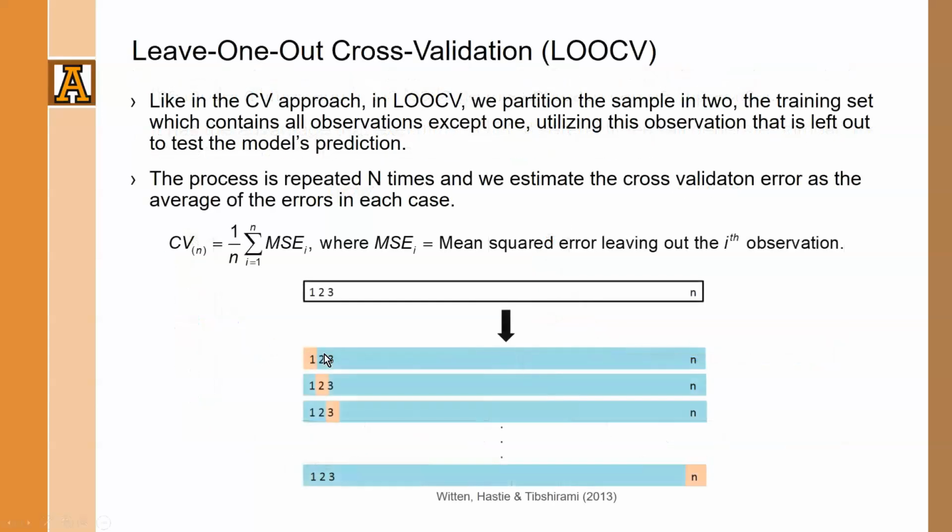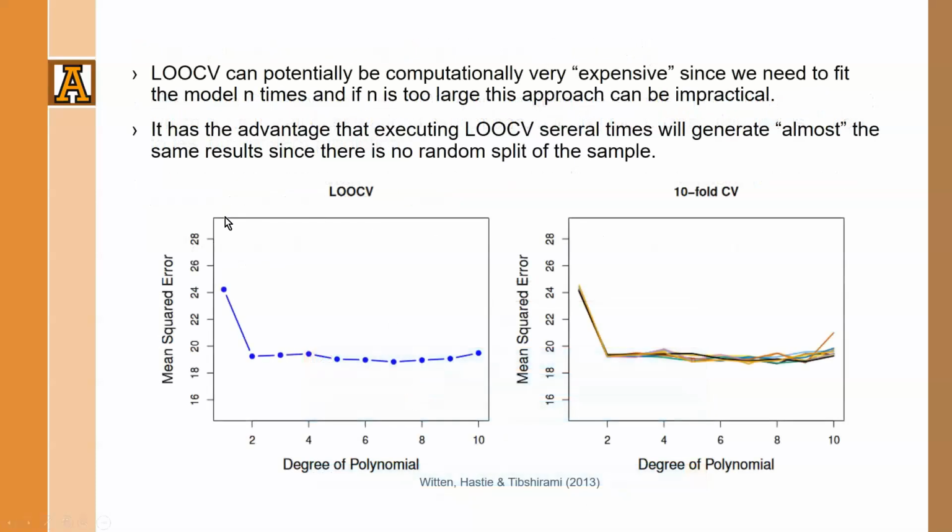See, here I'm using the section in blue to train the model. In the second model, the only thing that changes is that I take this observation 1 and then I remove this observation 2. So I'm essentially using the same set of data, and therefore the estimated mean square error almost coincides for all the times that we did this. This is with the leave out 1 cross validation.